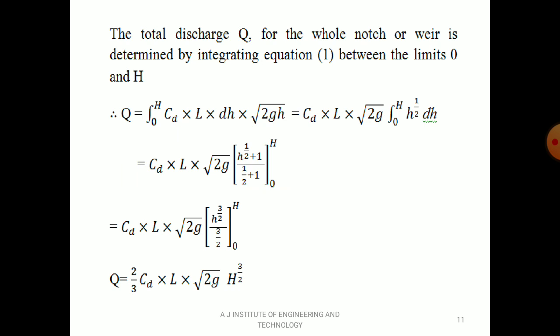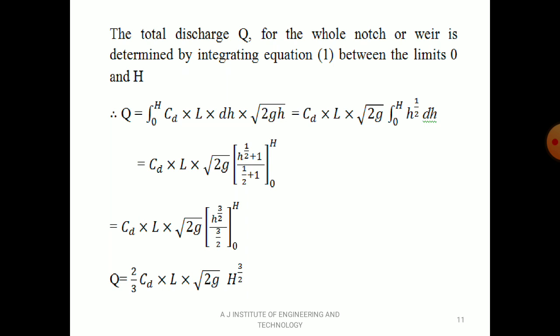So CD, L and square root of 2g are constant, and I can take them outside. Then the integration of 0 to H of square root of h. What is square root of h? Square root of h is h to the power 1 by 2. So integration 0 to H of h to the power 1 by 2 dh.